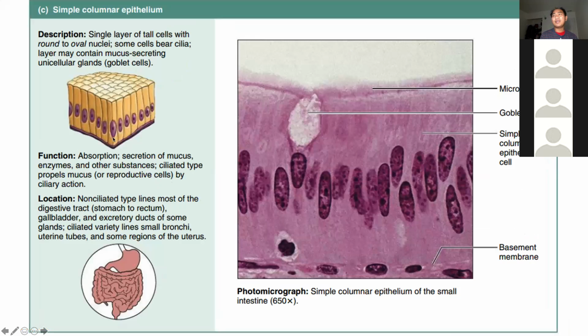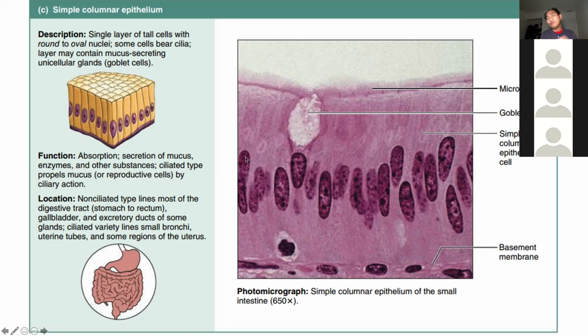And of course, very tall cells mean a lot of space, which means they can do a lot of function. So they will absorb nutrients, they will secrete mucus into the gastrointestinal tract, and they will have enzyme protection. And if they are in the respiratory tract, there will be small little hairs, which are called cilia, and they will entrap the foreign material which comes in.